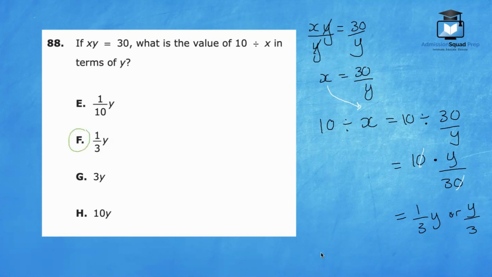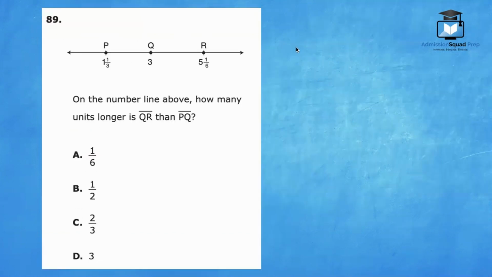Let's continue. Number 89, on the number line above, how many units longer is QR than PQ? So we will calculate the length of QR. We will then calculate the length of line segment PQ, and then we can subtract the two quantities. Let's get started. The length of QR is equivalent to 5 1/6 minus 3, which equals 2 1/6.